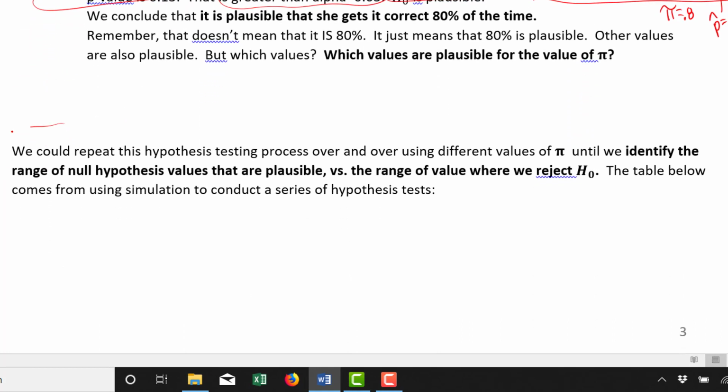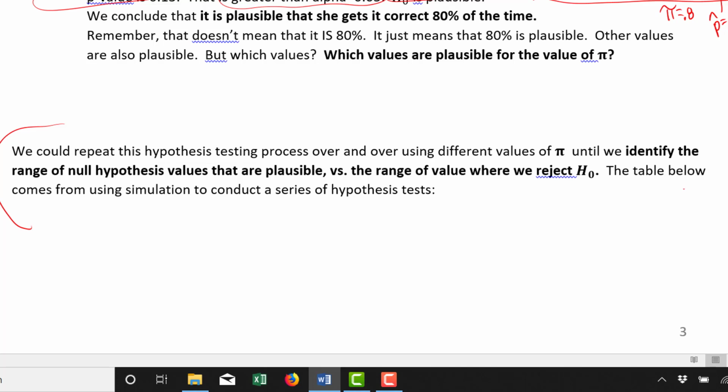So we could repeat this hypothesis testing process over and over using different values of pi until we identify the range of null hypothesis values that are plausible versus the range of values that we were rejecting in our null hypothesis.